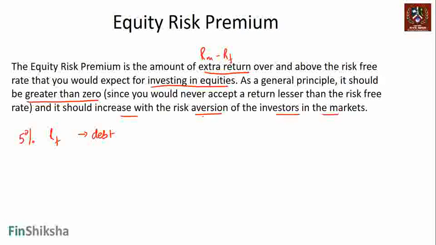Once that happens, it is important that the equity risk premium also increases, or the return that people demand. So the return demanded for taking that risk in equities goes up when risk aversion increases, right? For taking the same amount of risk, I will want a bigger return, and hence equity risk premiums can go up.